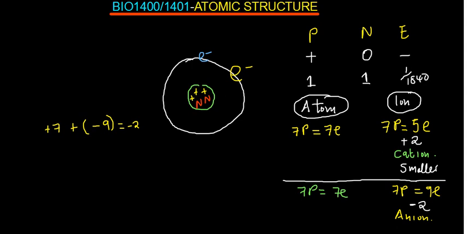And we know that things of the same charge repel. So these 2 electrons are going to be repelling each other. Because of that, the atom will become bigger. So what do we say? Anions are bigger than their neutral atoms. Please take note. This is very, very important for you to understand.